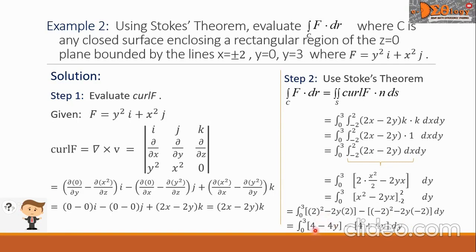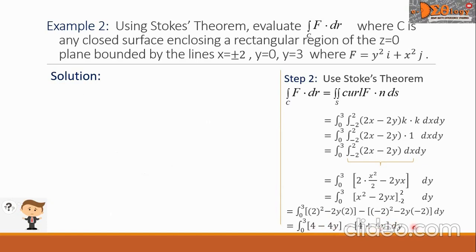So we have here 4 minus 4y minus the group 4 plus 4y. We can combine the two groups, and the simplified form will be negative 8y. So we'll get the definite integral from 0 to 3 of this negative 8y dy.